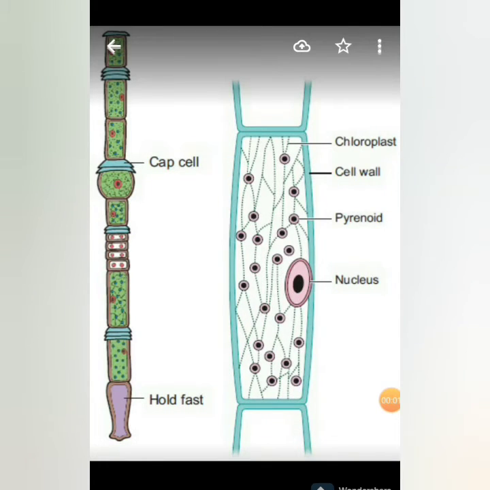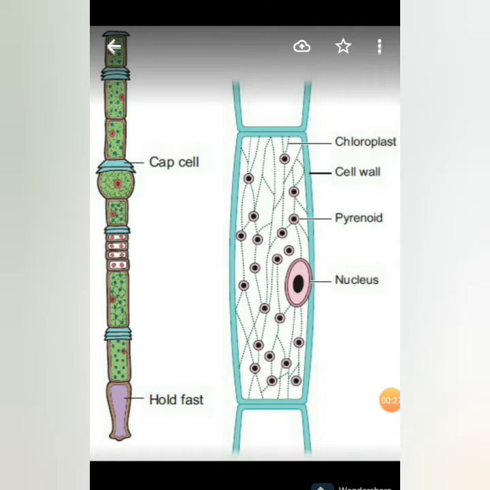Now we have already studied the 3 different types of cells which are present in Oedogonium. So let us study in detail the types of cells, the structure of the cells which are present in the middle. What is actually inside the cell structure?